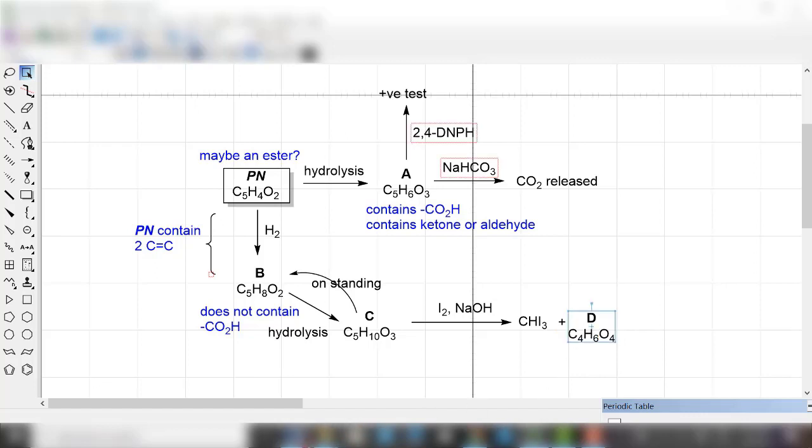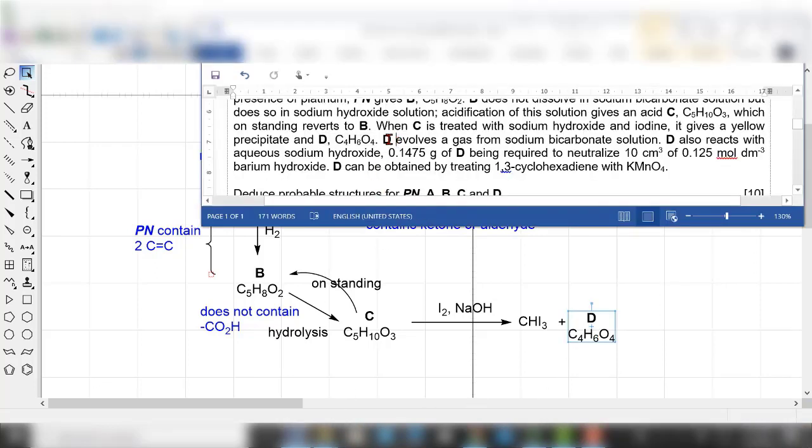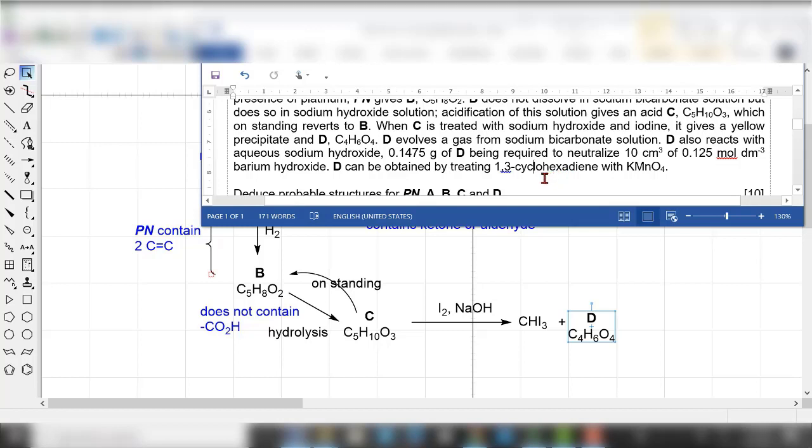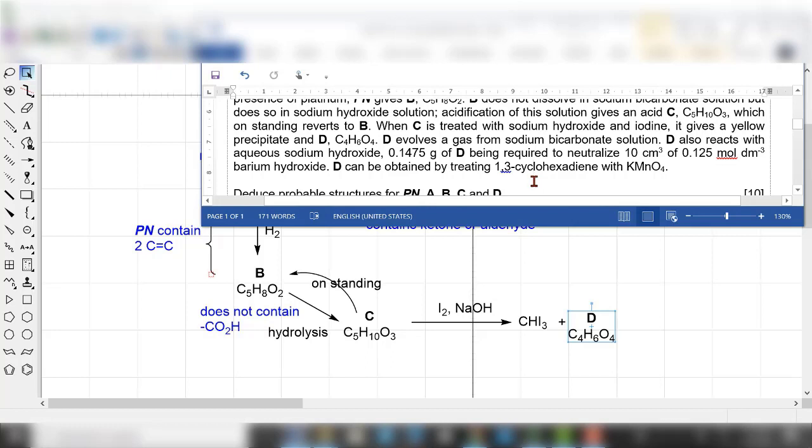Then they mentioned that D evolved a gas from sodium carbonate solution, which means D is a carboxylic acid. Looking at the degree of unsaturation of D, it's actually 10 minus 6 divided by 2, which is 2. You have 4 oxygen, so D is likely to contain 2 carboxylic acid functional groups, which is verified by the fact that it reacts with sodium bicarbonate solution.